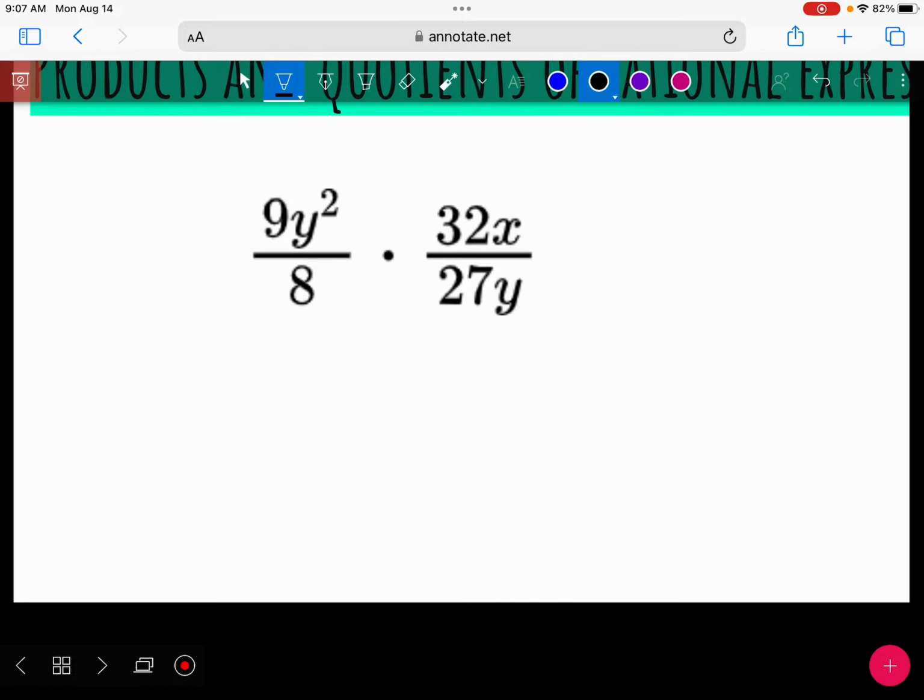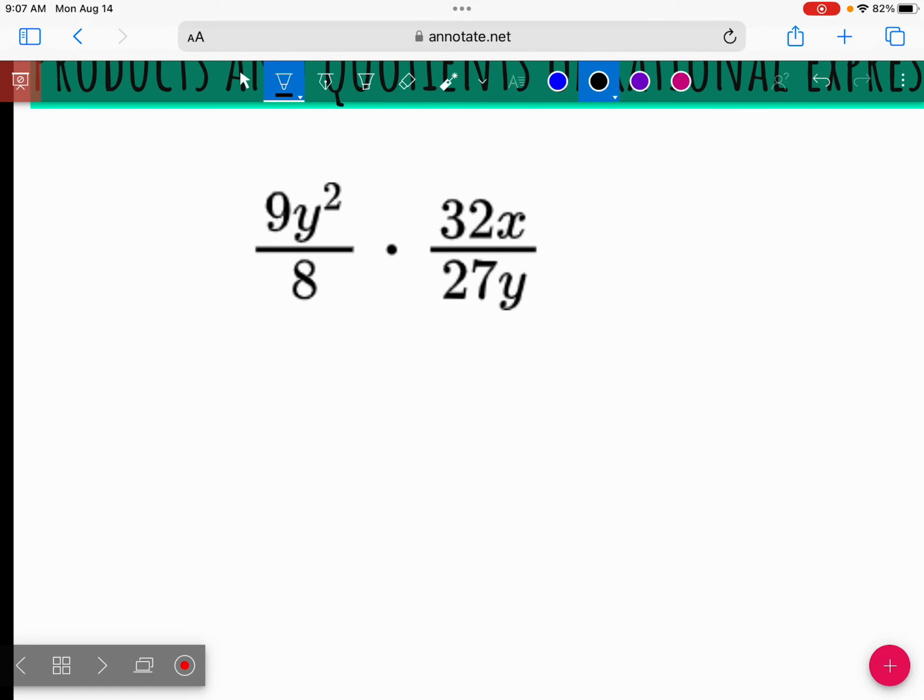All right. So the first one, we have 9y squared over 8 times 32x over 27y.